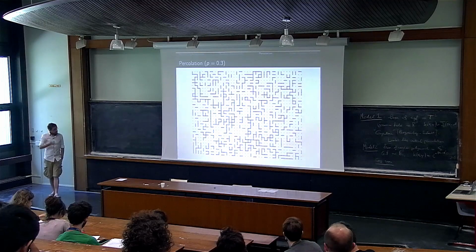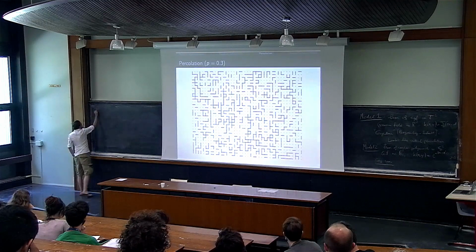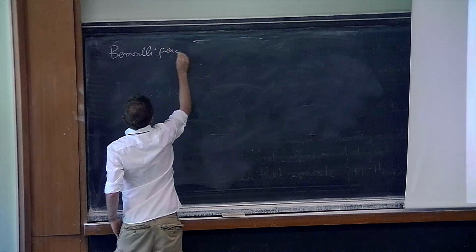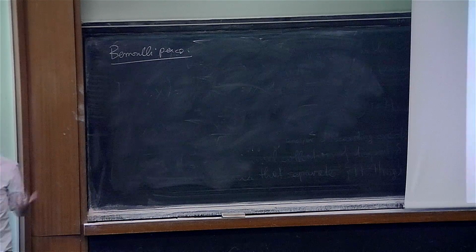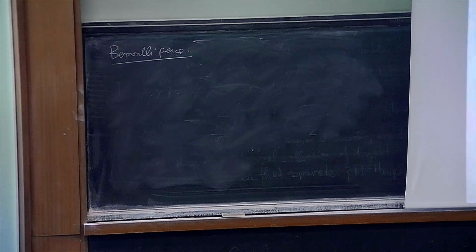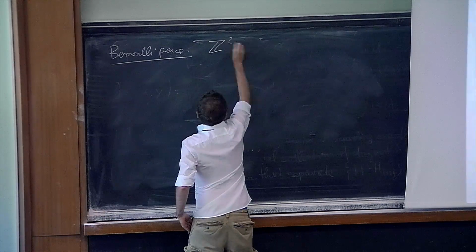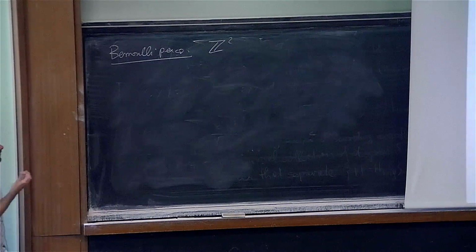So what's percolation? So this is a sample of Bernoulli percolation. To define percolation, what you do is you start from your favorite lattice in the plane. So here, this is on Z2. But you can change the lattice.